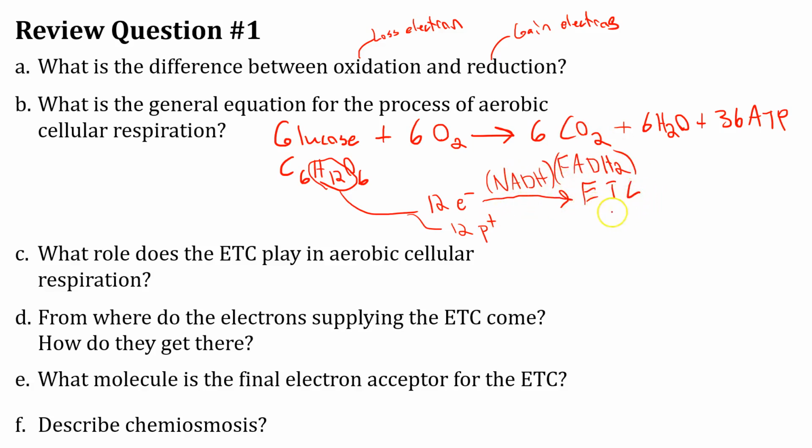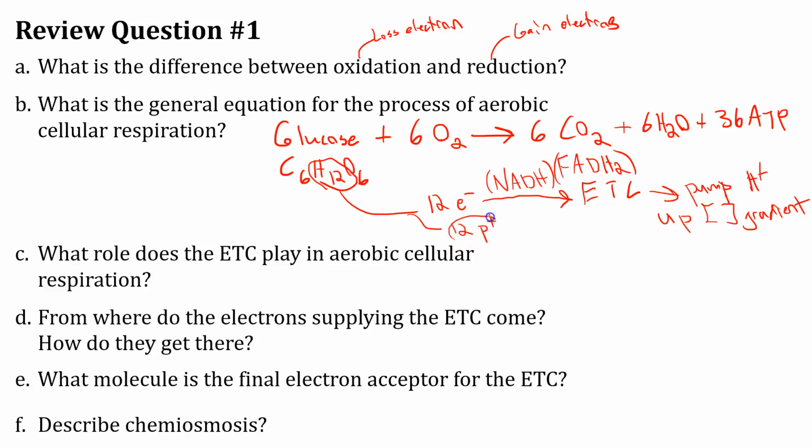The purpose of them is to pump protons up a concentration gradient, to pump hydrogen ions into the intermembrane space and thereby establish a strong concentration gradient, where there are a lot of protons in the intermembrane space and not as many in the matrix.